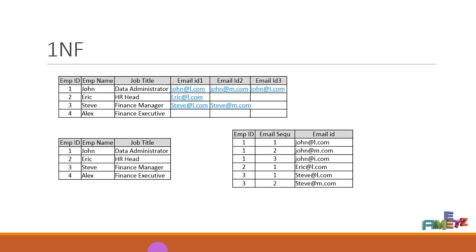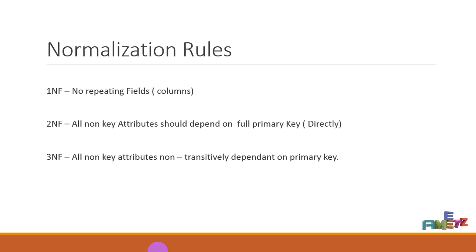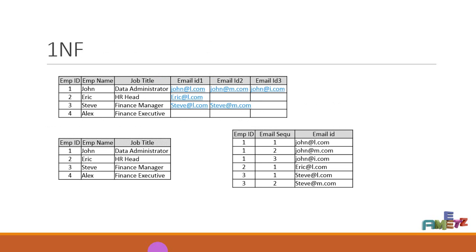So what I did was I created 2 tables. What is the rule? The rule of 1NF: no repeating fields. Here the fields email ID, email ID, email ID are repeating. So for that purpose I made 2 related tables. One has the unique data: employee ID, employee name and job title.